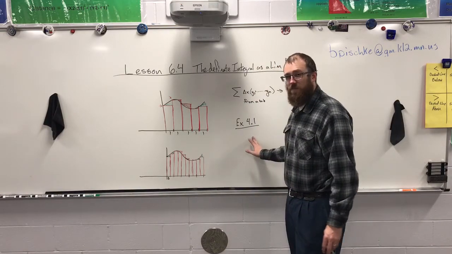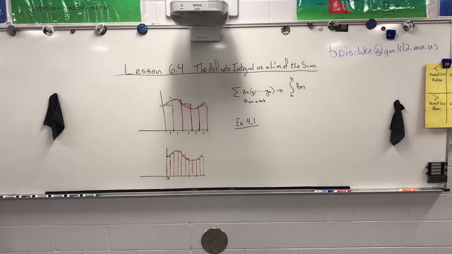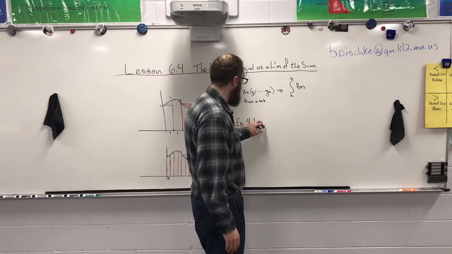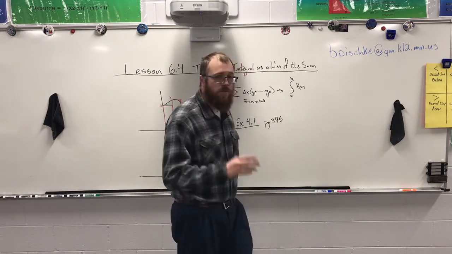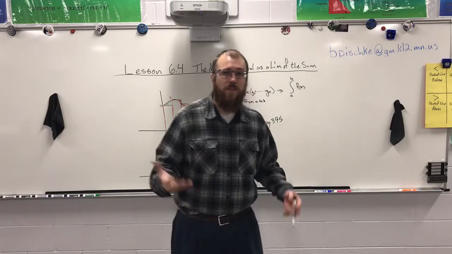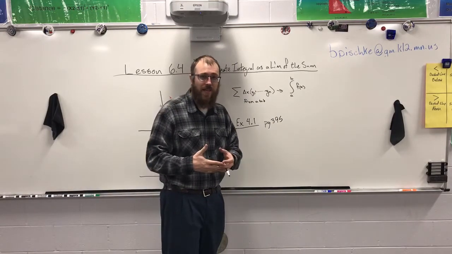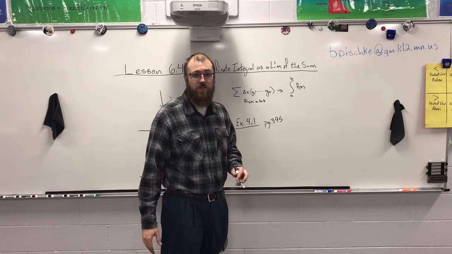If you take a look at example 4.1 in your book, which happens to be on page 395, example 4.1 will be almost exactly like most of the homework problems that I'm going to be asking you to do. They're all directly tied to our compound continuous interest formula.